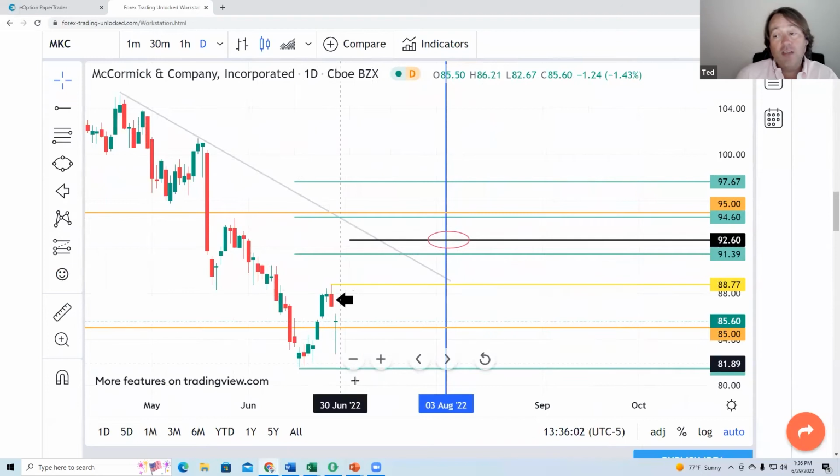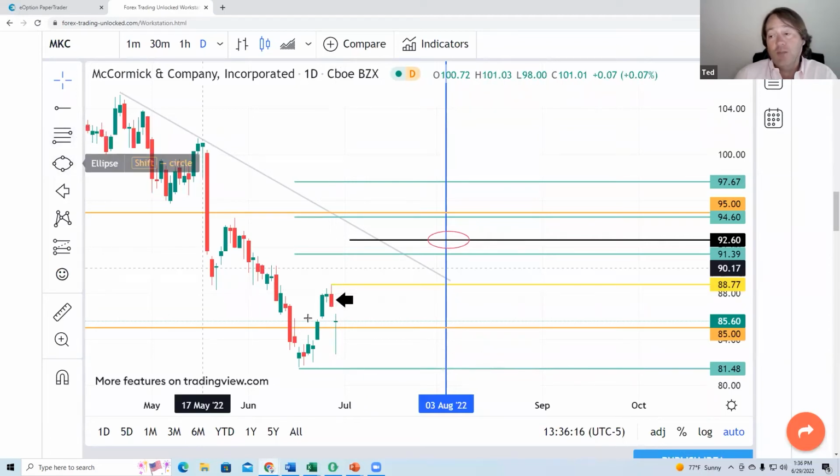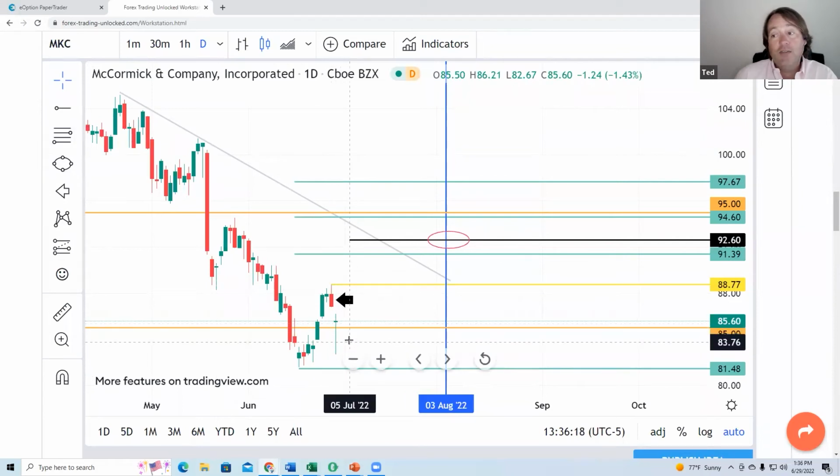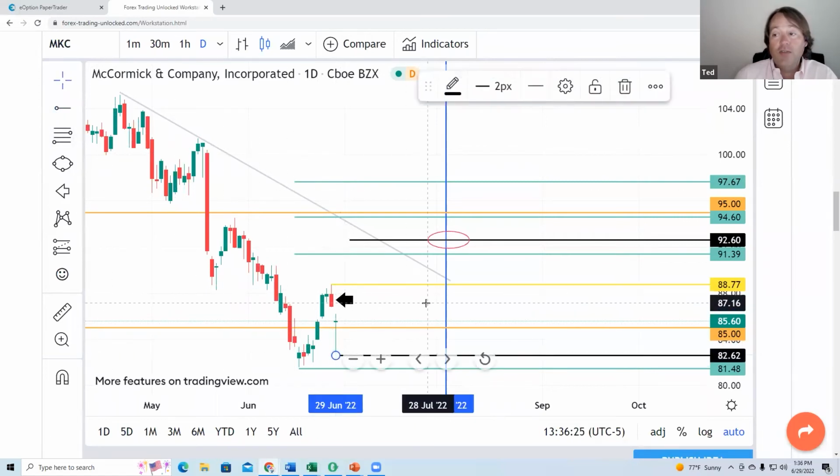The question is, are we going to fall through and make a lower move low, or break out to the upside? This here is a bearish engulfing line. If this bearish engulfing line is good, it should get down to at least a 50 to 0.618 retracement. It already did, so the trade signal is actually over. So now I would be looking for a breakout of these 2 points.